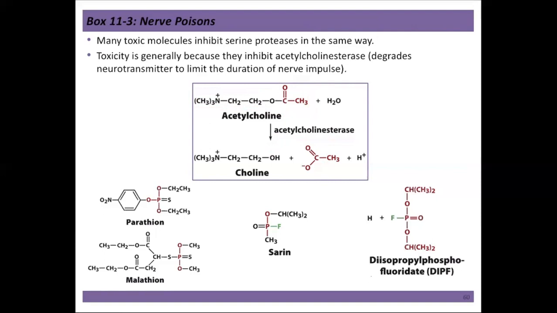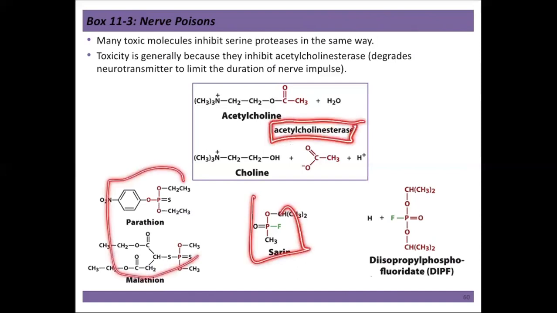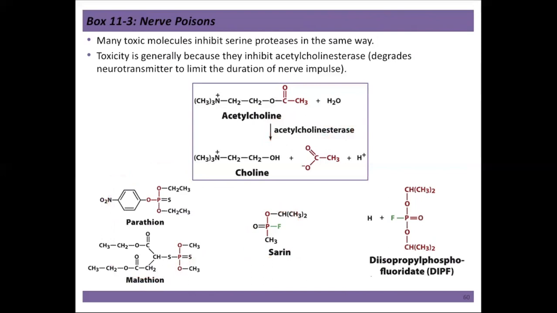Now, if I inhibit this enzyme so I can't break down my acetylcholine, when you release acetylcholine into your presynaptic cleft, you're just going to overstimulate those, and the enzyme can't break it down. So these molecules here all inhibit the acetylcholine esterase and cause death, this of insects and this of humans.